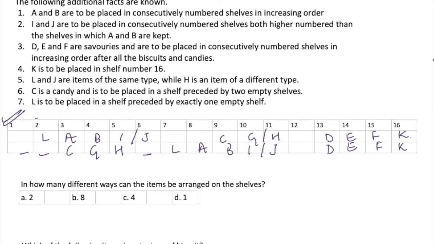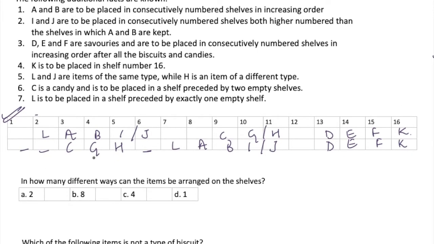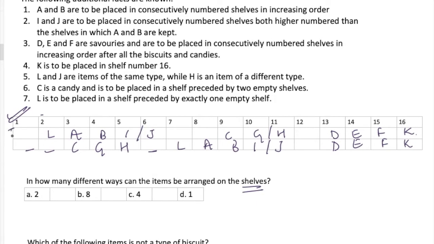Now let's see the questions. The first question says, in how many different ways can the items be arranged on shelves? For case 1, you have 2 arrangements possible for this set, that is, it's either IJ or JI. And similarly 2 arrangements possible for this one, GH or HG.